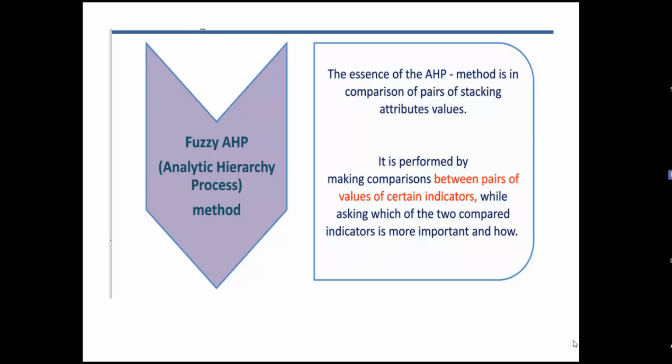It is performed by making comparisons between pairs of values of certain indicators while asking which of two compared indicators is more important and how. So this is the basics of this method, how two factors are compared and how much importance one has to the other.